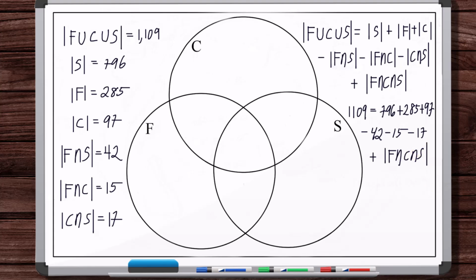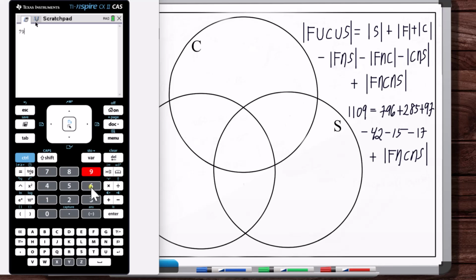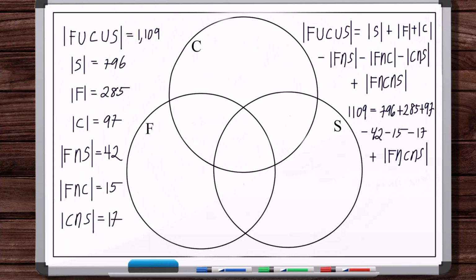Okay, so let's add: 796 plus 285 plus 97 minus 42 minus 15 minus 17 is 1,104.